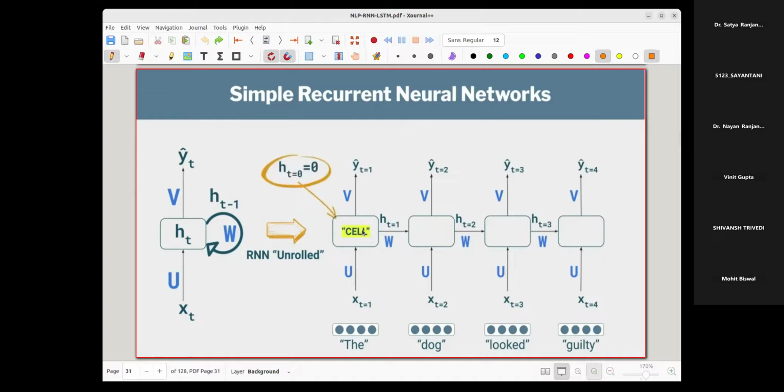Okay. So the question is here, what will be HT0? Now for a time step, let's say time step 2, the previous hidden state output will be given as input, that is HT1, and the current input is XT2. But when it starts at the beginning, at time step 0, we are using a 0 vector.